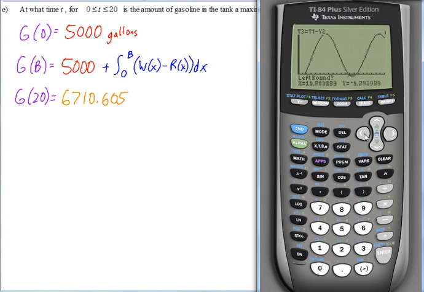Set the left bound to the left of that zero, right bound to the right of it. Get B is 11.641549.